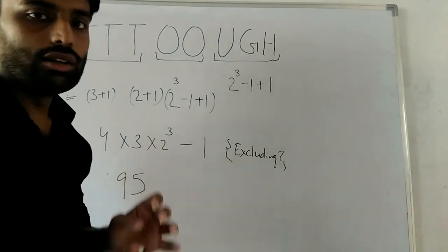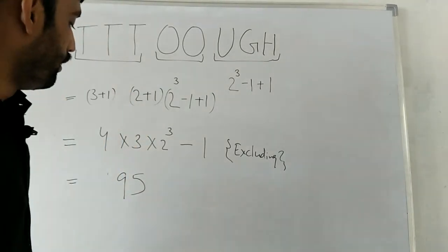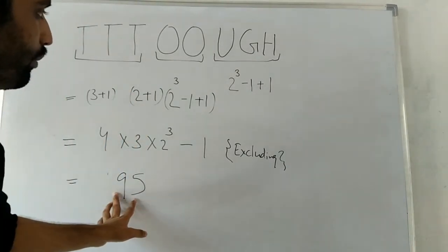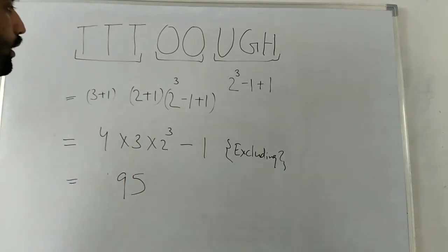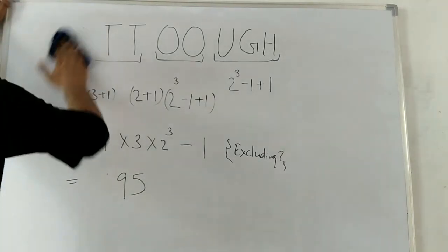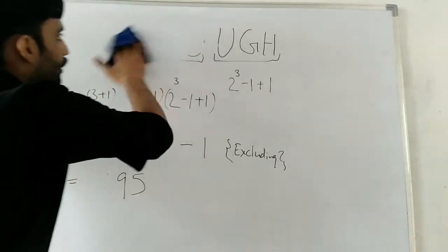So you can see that 95 words can be made from the given letters, and the number of letters can be 1, 2, 3 and any of them. Going to the next question.